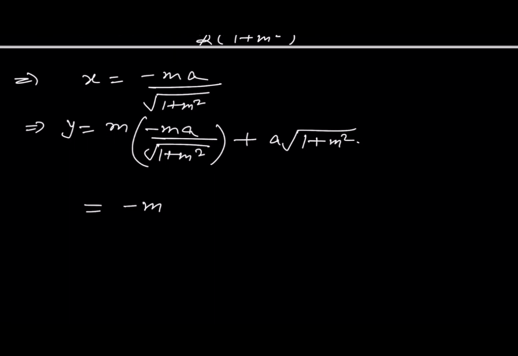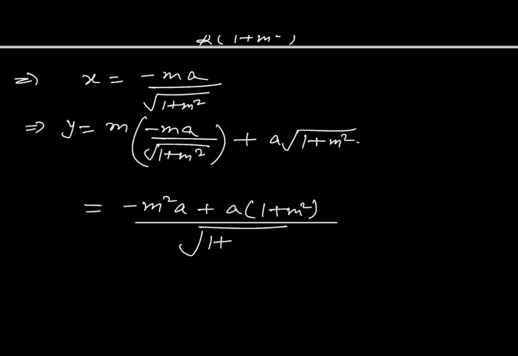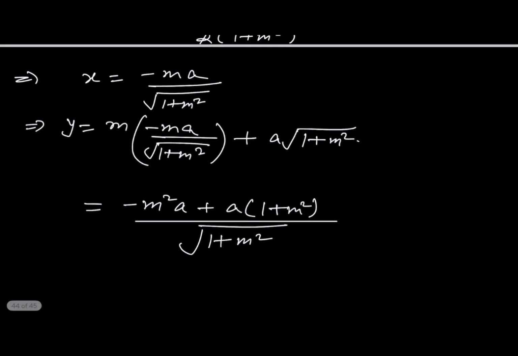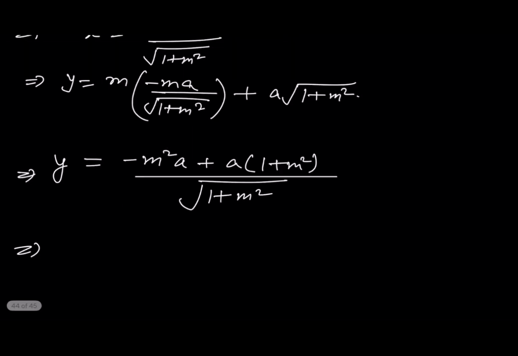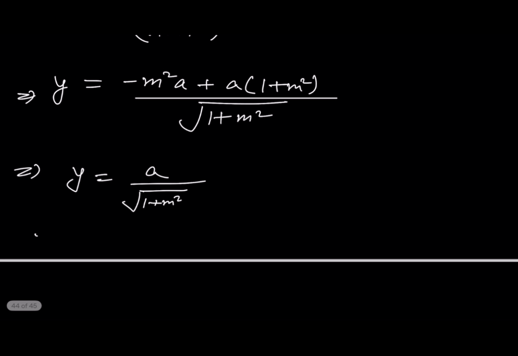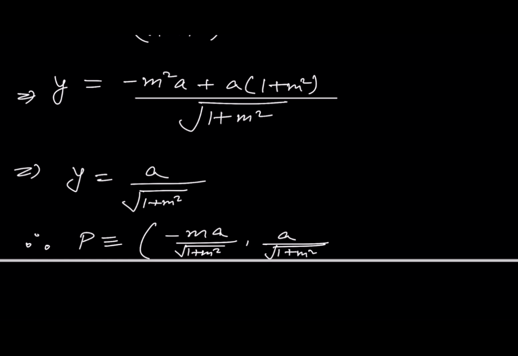So minus m square a plus a times 1 plus m square upon root over 1 plus m square, which is y. So y is a upon root over 1 plus m square. Therefore the point of tangency or point of contact P is minus m a upon root over 1 plus m square comma a by root over 1 plus m square.